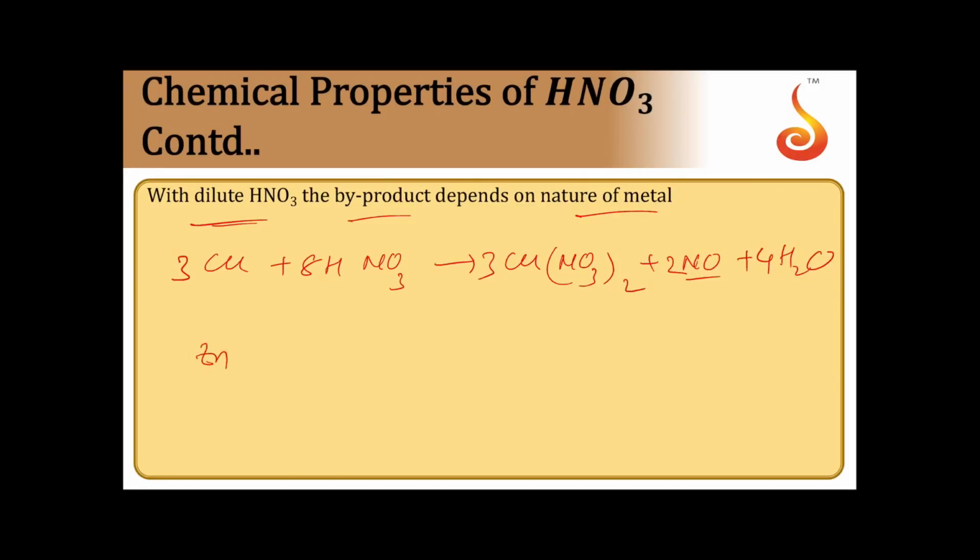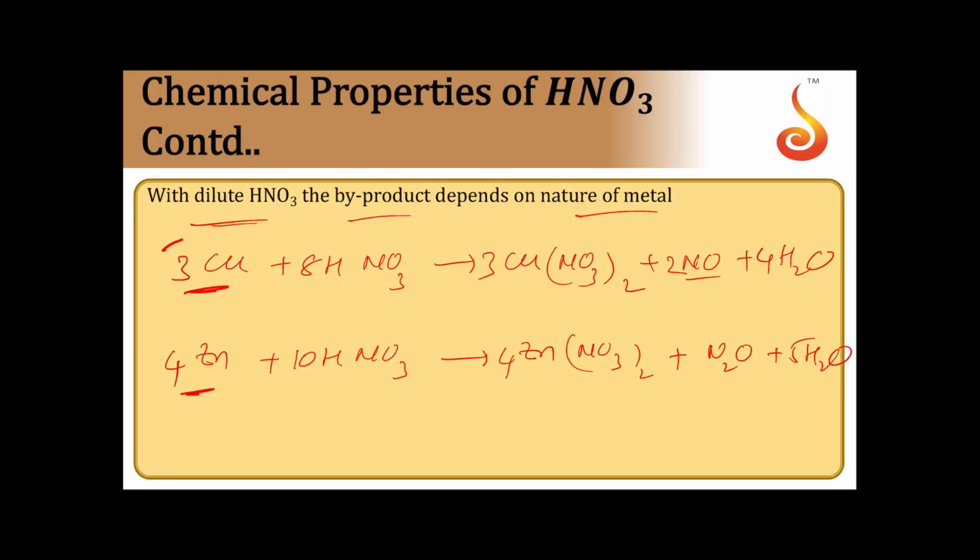Then if you are using zinc, the product is going to be different. With the same dilute HNO3 acid, it forms zinc nitrate plus nitrous oxide plus water. To balance this, it comes out to be 4 here, then 10 here, then 4 here, then 5 here. So zinc is placed above hydrogen, and copper is placed below hydrogen in the electrochemical series.